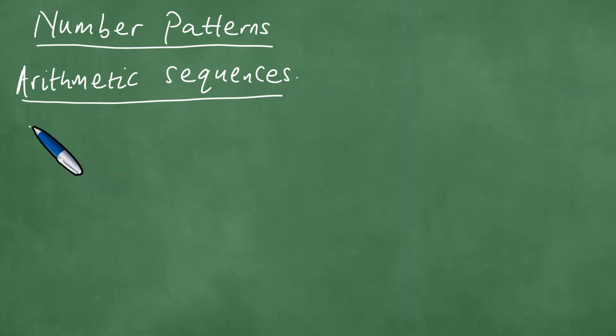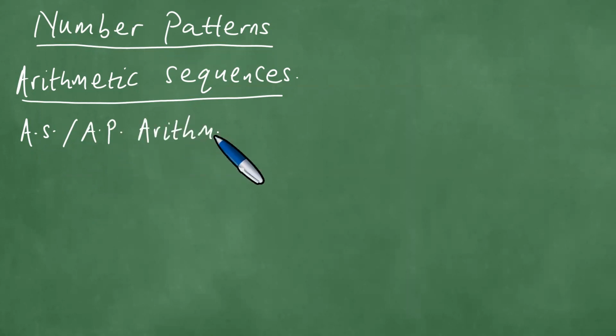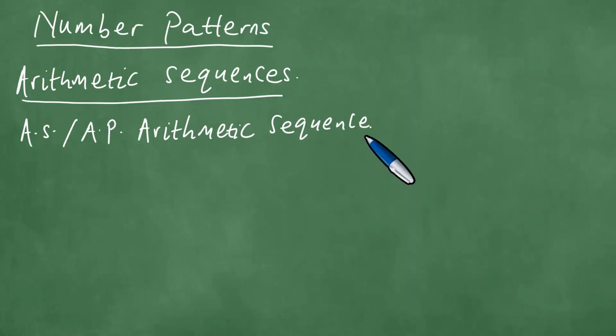We normally call them the AS, or we call them the AP. The AS stands for arithmetic sequence, but also we have the AP, which means the progression.